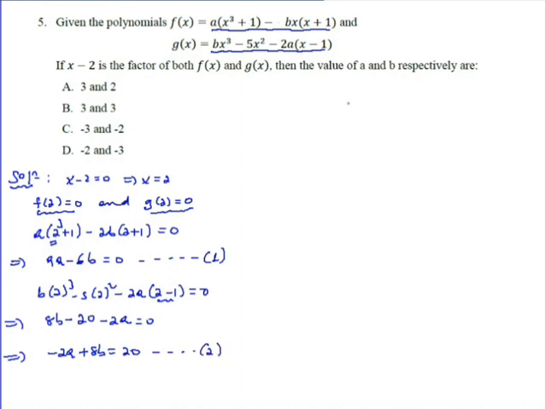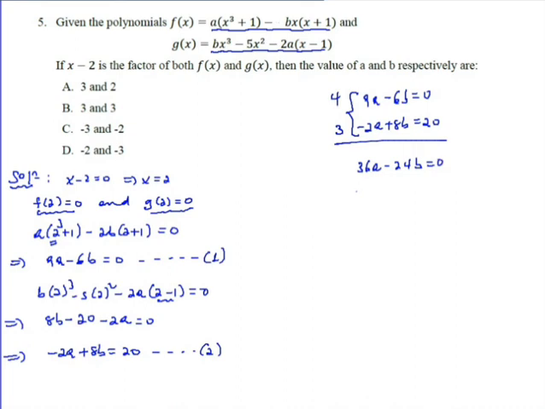So from these two equations we have simultaneous equations of two variables. We have 9a minus 6b is equal to 0 and minus 2a plus 8b is equal to 20. So multiply the first equation by 4, the second one by 3, so that b will be eliminated. So this becomes 36a minus 24b is equal to 0.